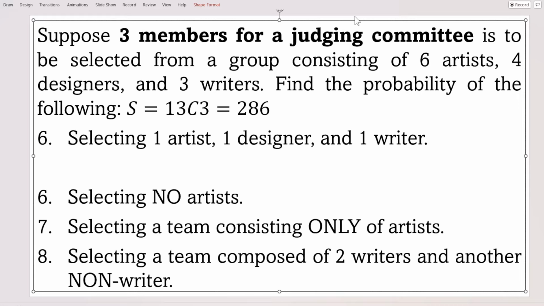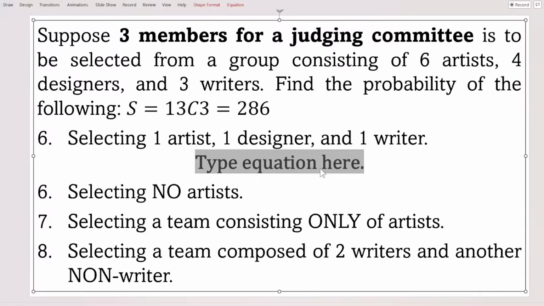When we're solving for number 6, we look at all the possibilities that we have. As I told you earlier, we find the number of slots. For the artist, we give 1 slot. How many artists are there? There are 6 artists. How many slots for the designer? Also 1.